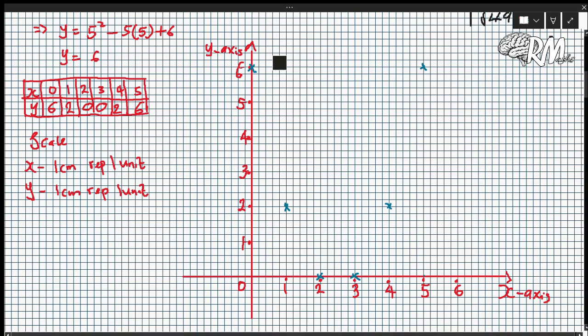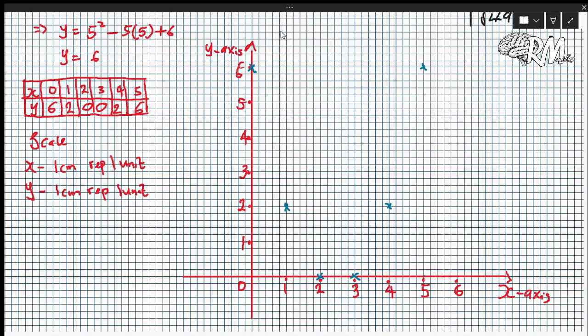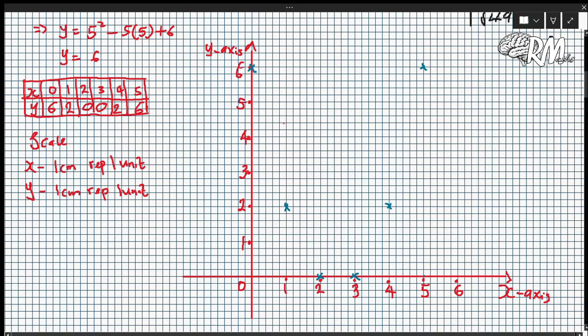Now the next thing is to draw the graph. Well, it's going to be difficult for me, but let's see how it will be. But we should know that a quadratic equation is always in a curve shape. So this is definitely going to give me a curve. From the way we see, this is the first one, going down to the second one, to the third one, then going up back again to the fourth one, then finally to the fifth one.